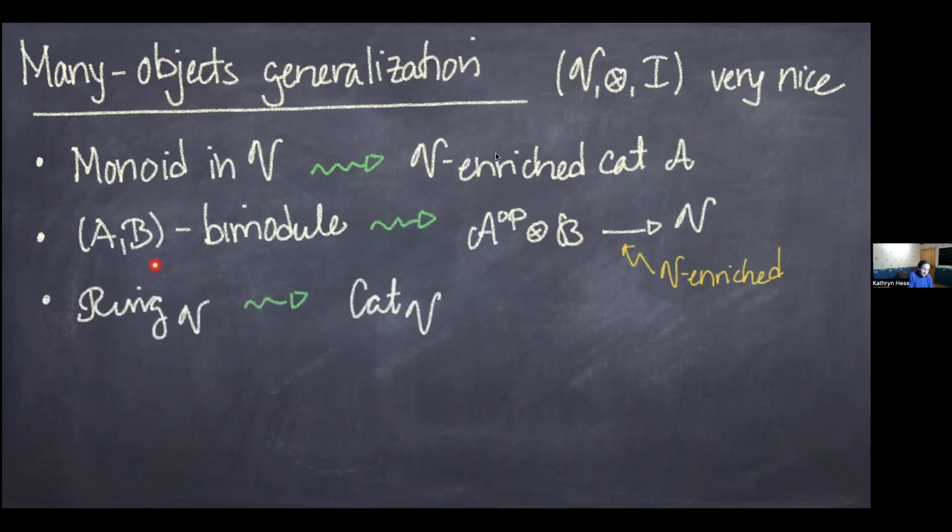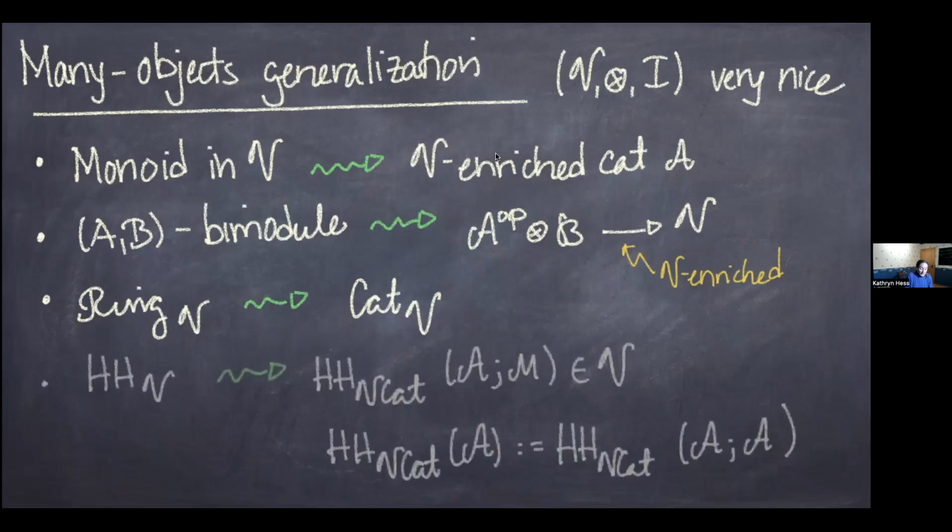And this gives us a way of generalizing the category Ring V to a category called Cat V, where now the zero cells are going to be appropriately cofibrant V-enriched categories, and the morphism categories are going to be homotopy categories of bimodules like this. And this notion of Hochschild homology generalizes to Hochschild homology of V-categories with coefficients in V-bimodules.